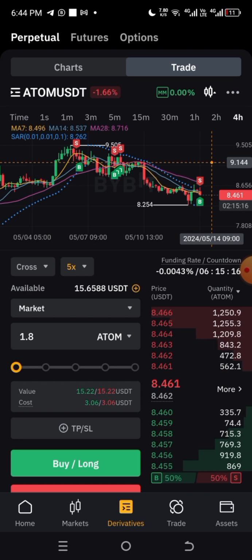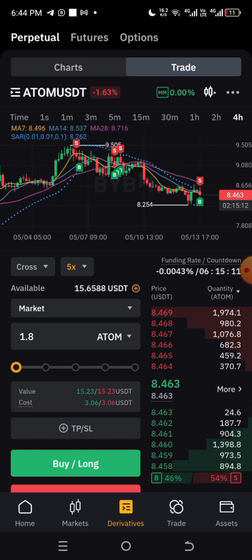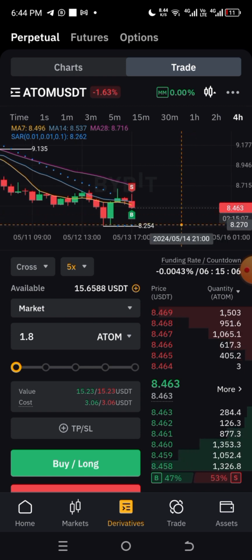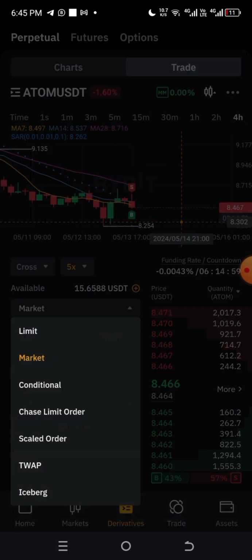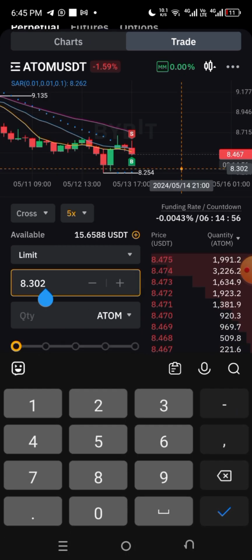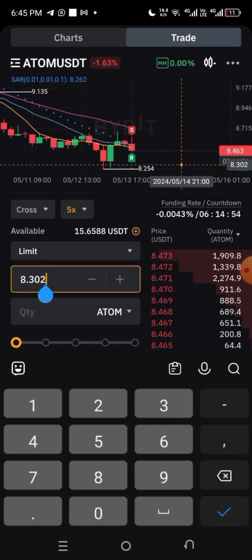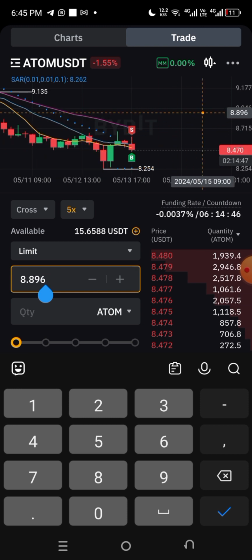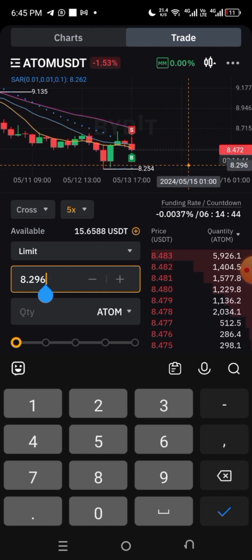Now, imagine we want to buy at limit price. Let's say we're predicting that the market wants to go down to 8.3 before it pumps. We just have to come here the same way we did it on spot, and put the figure 8.302. It's already there because I touched it on the screen. So imagine I want to buy from here, 8.296.